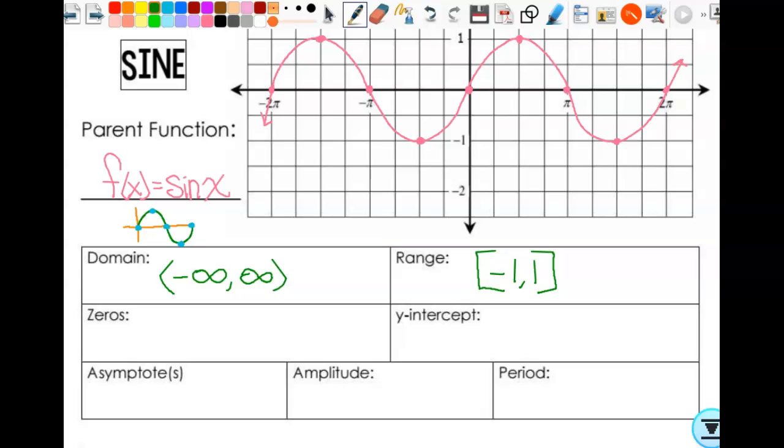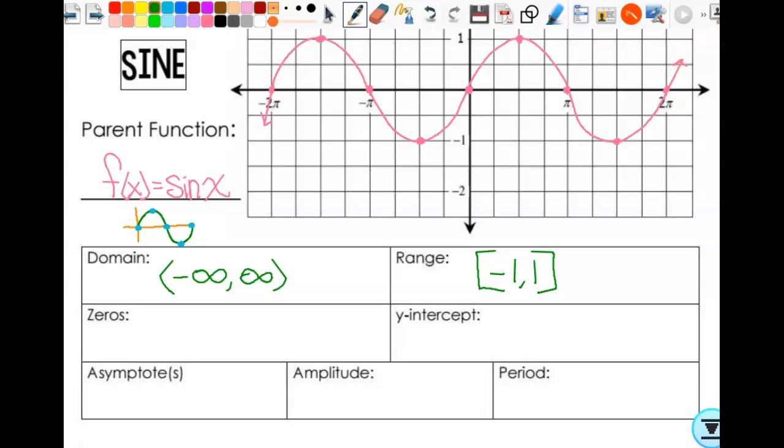There's 5 here, but if it keeps going, there's going to be an infinite amount of them, right? But they don't occur at every single point. So I can't say my zeros are from negative infinity to infinity, even though there's an infinite number of them. And clearly I can't list out an infinite number of them. But they occur every how often? Every pi. So I'm at 0, pi, 2 pi, negative pi. Every pi, I have another 0.